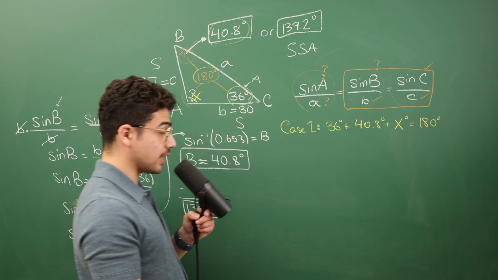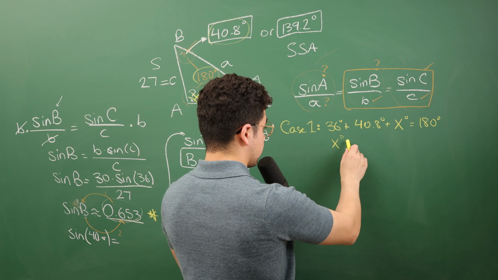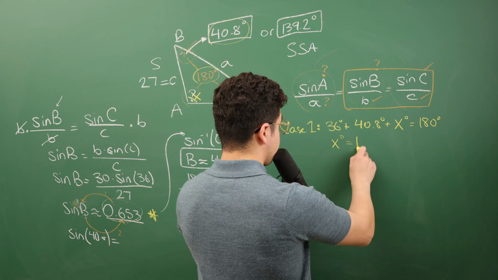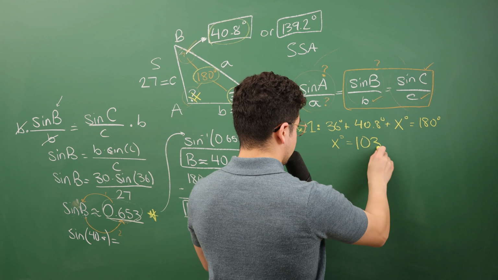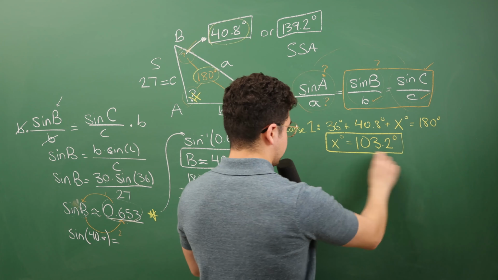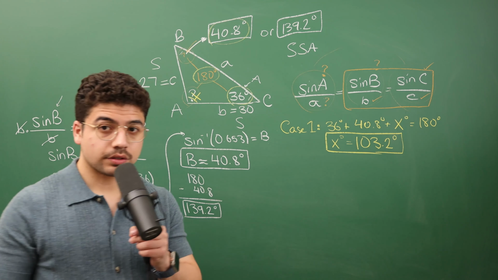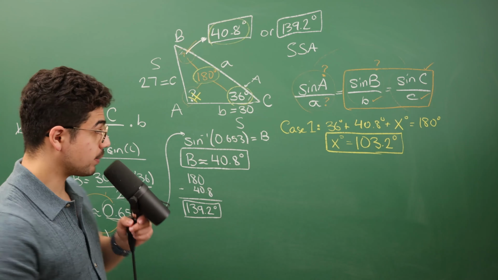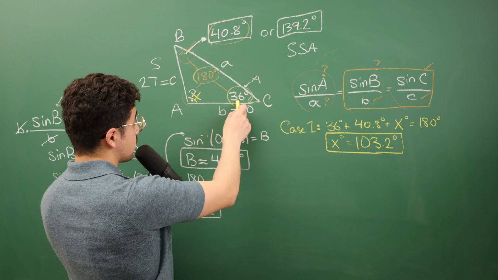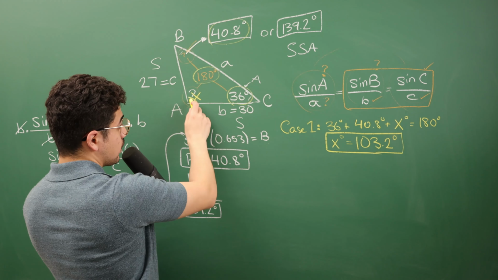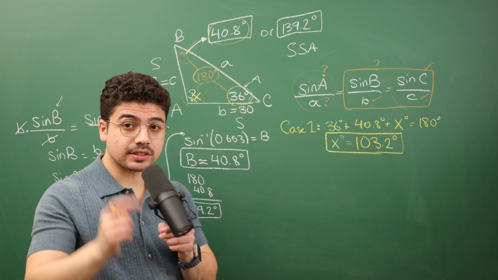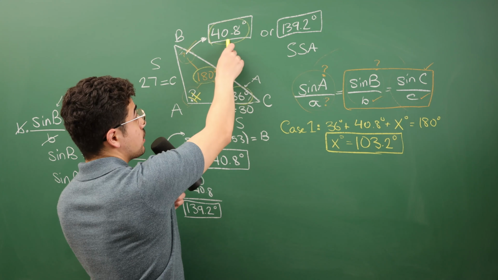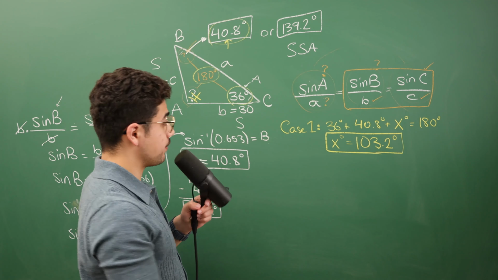Well, in this case, yes, there is. It's going to be 103.2 degrees. So that means that's one triangle. One triangle has the angle measures 36, 40.8, and 103.2. That's case number 1 because we only used this angle measure for B.